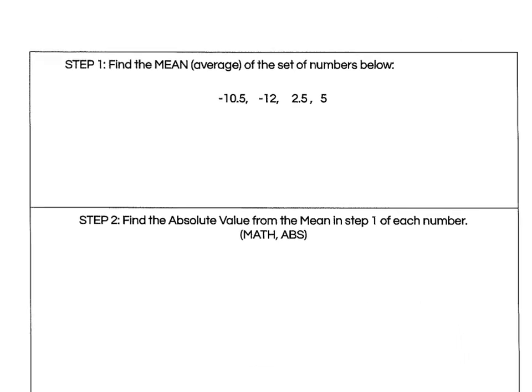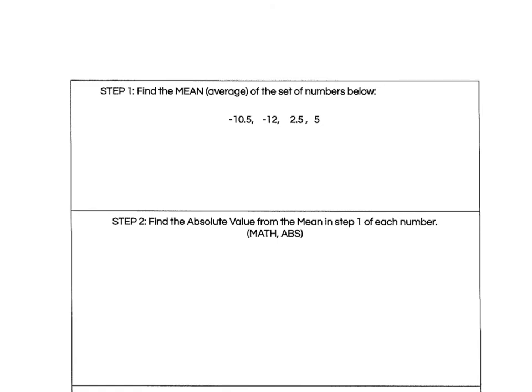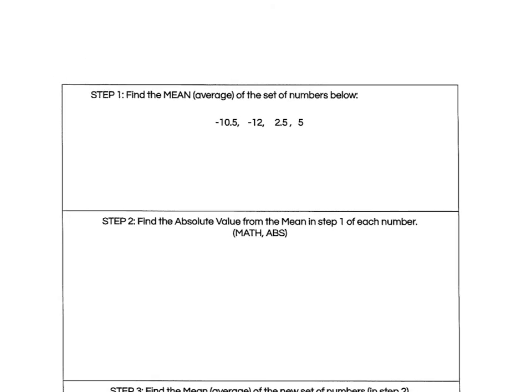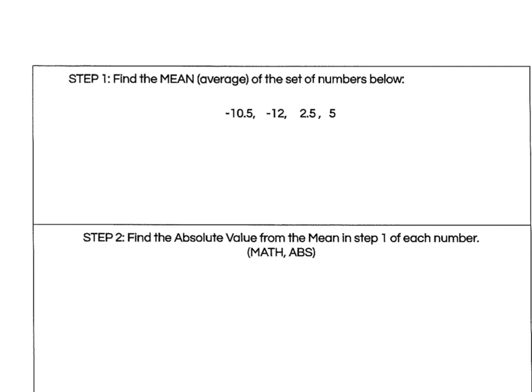Okay, so this one has some negatives, and this is good because we're going to look at it. So first things first, find the mean or the average of the set of numbers below. So we're going to add all of these up. So I've got negative 10.5 plus negative 12 plus 2.5 plus 5.